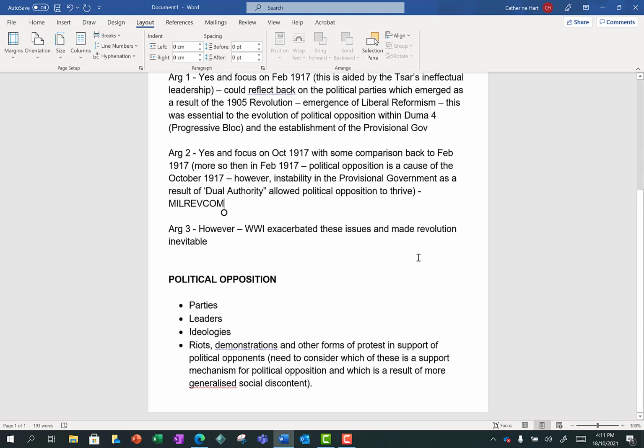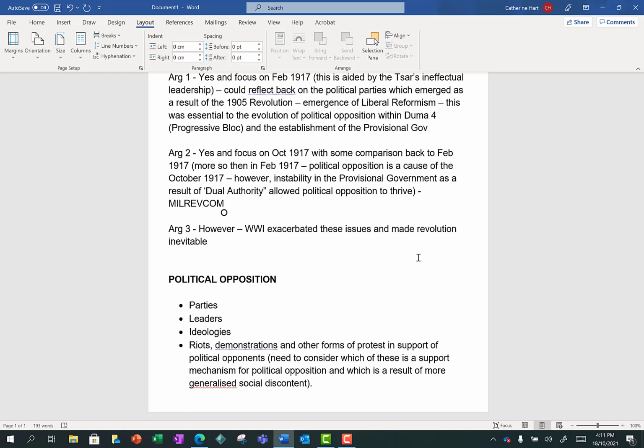I was thinking about this political opposition thing. You've got parties, leaders, and ideologies that you've got to think about, but you've got to think about how did they affect people? There are riots and demonstrations and all forms of protest, but sometimes that protest is not linked to a specific party or leader.